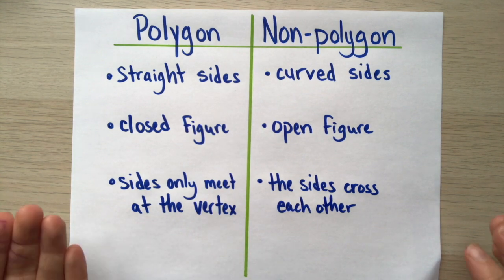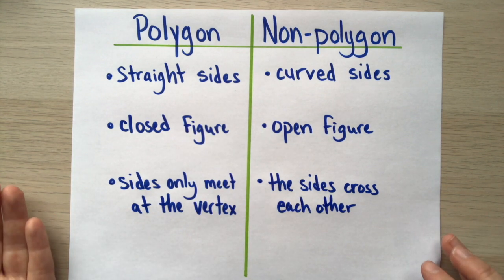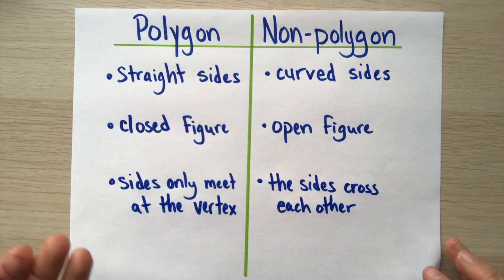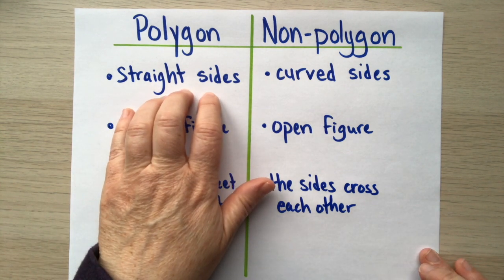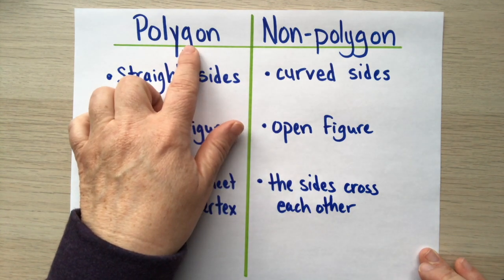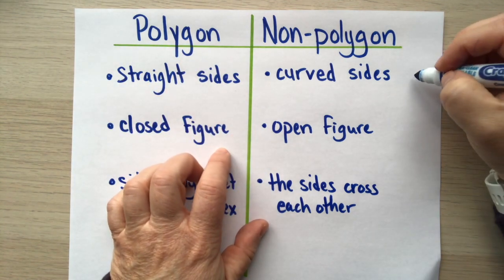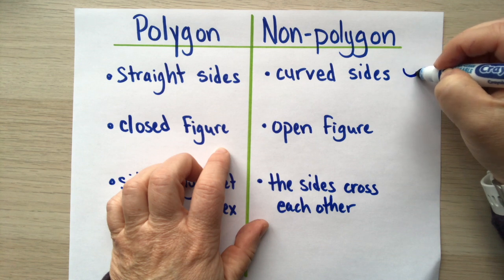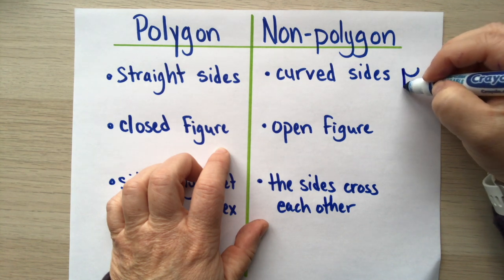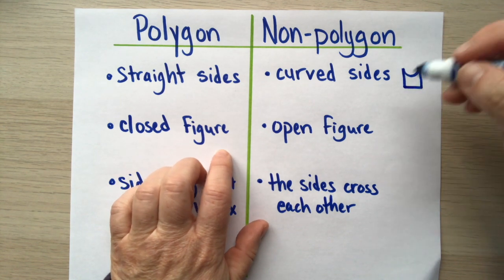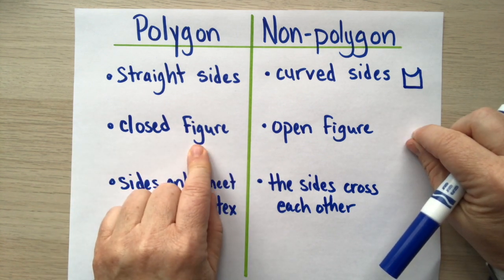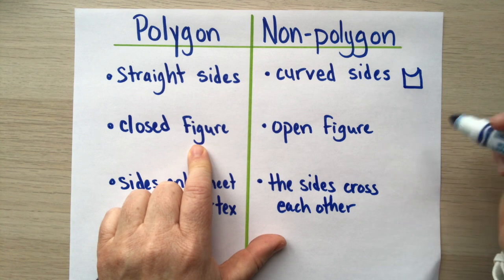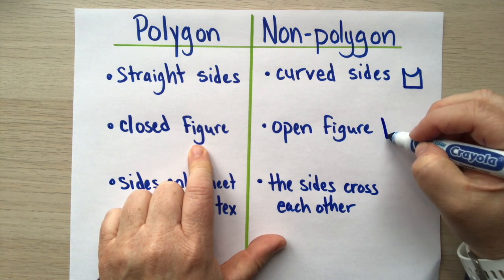So these three things will classify whether a shape is a polygon or a non-polygon. If it has straight sides, all of the sides are straight, then it can be a polygon. If it has a curved side in it, such as something like this, then it can't be a polygon. It has to be a closed figure as well. So that means it can't have any open sides.